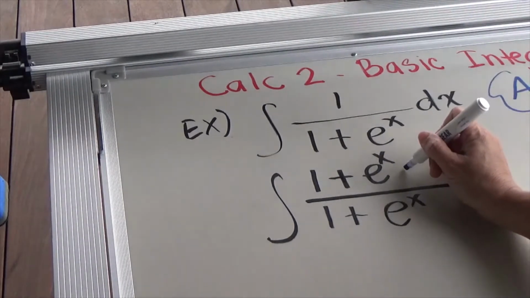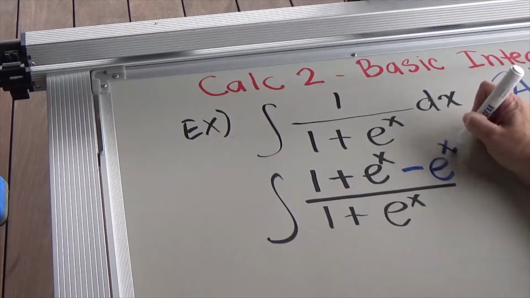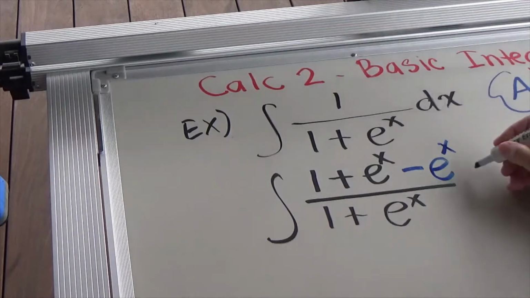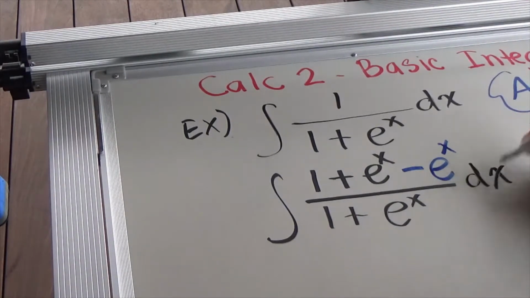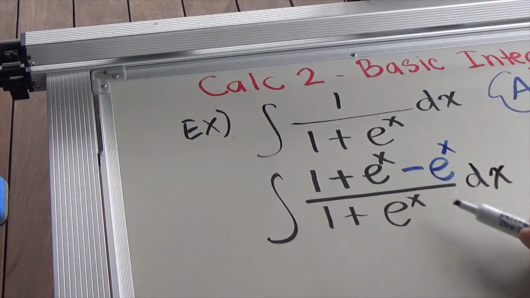But if I go and say, well, I'm going to go ahead and subtract out e to the x. Okay, so what did I just do? I just added 0. I added in e to the x that wasn't there before, but I'm going to subtract it right out. So that's adding 0. So I didn't really change the problem at all, just the way it looks, right?